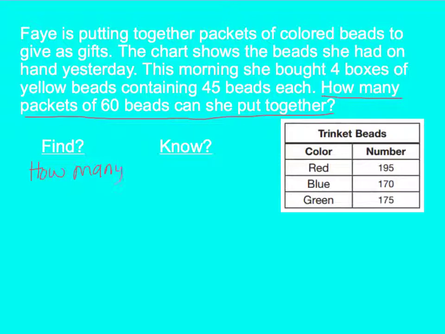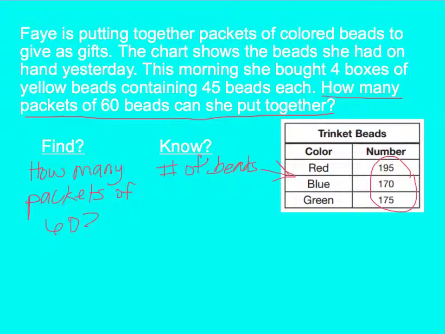So before we can start solving this problem, we need to figure out what we know that will help us get to our final answer. We need to figure out how many packets of 60 she can make. Based on this chart over on the right, we know all of the numbers of beads that she has except for yellow. So we know number of beads, and I'm just going to draw an arrow over to this chart instead of rewriting all of them.